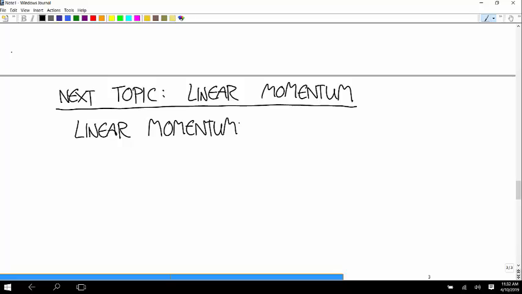We're going to denote linear momentum as a lowercase p vector. Okay, we've already used a lowercase p vector, and so you're going to have to differentiate whether you're talking about momentum or position just based on the context of the problem. Okay, I wish we had more letters in the alphabet, but we don't.